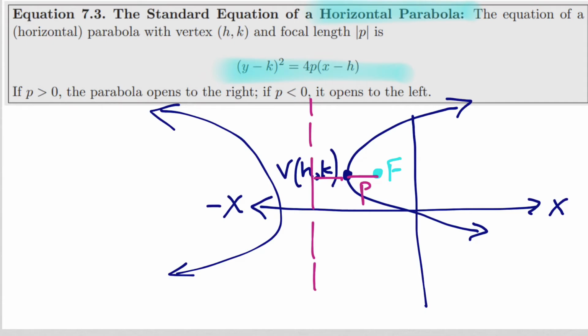So this is your P. The other thing that's the same is your focus is always inside your dish, and your directrix is always outside of your dish. Now as far as the sign goes, if you have a plus here, then you're facing in the positive X direction. If you have a minus here, then you're facing in the negative X direction.